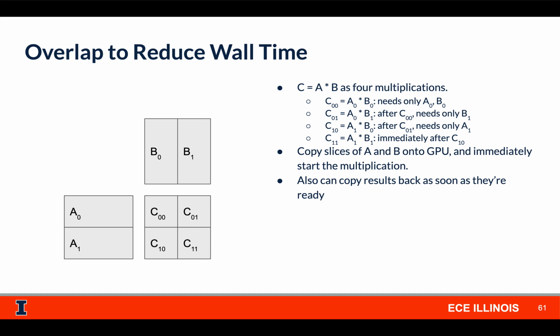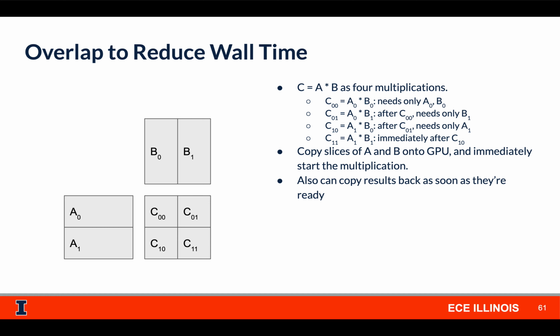So the idea here is that we can reduce the overall wall time by overlapping some of the computation for C with transferring data from the host. So first, instead of transferring all of A and all of B to the GPU, we can transfer A0 and B0 to the GPU and immediately start computing C00 while we start transferring B1 to the GPU.